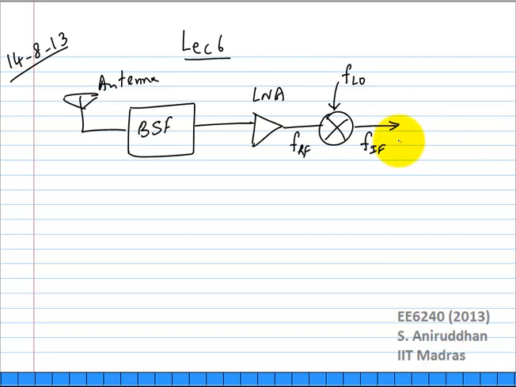I'll call IF the intermediate frequency. Okay? You can choose this intermediate frequency to be anything you want by choosing FLO. Right? So one of the things we are going to look at today is how do you choose this intermediate frequency.